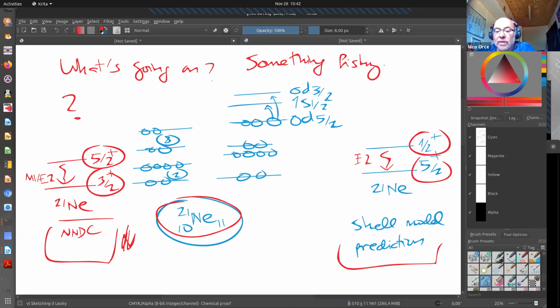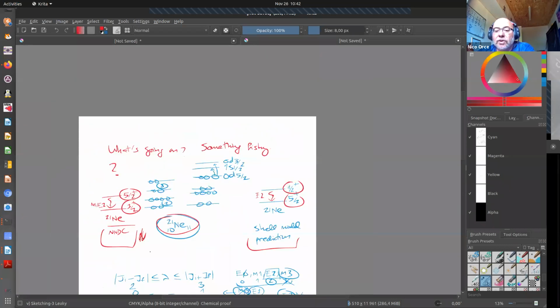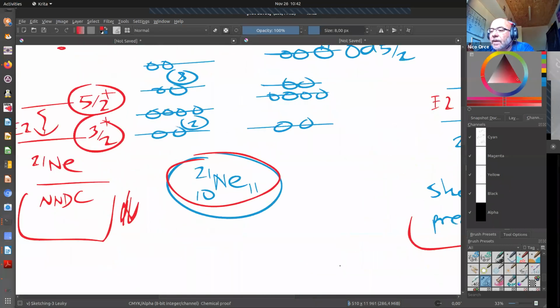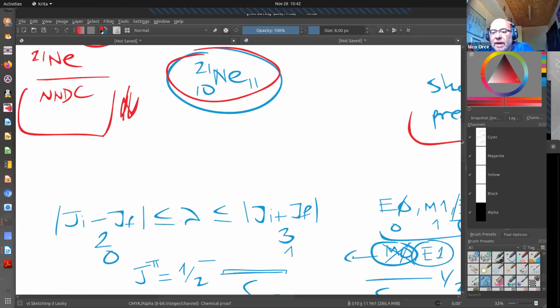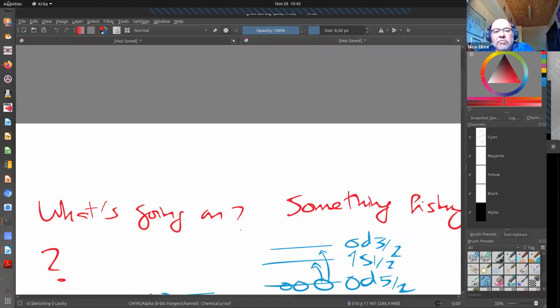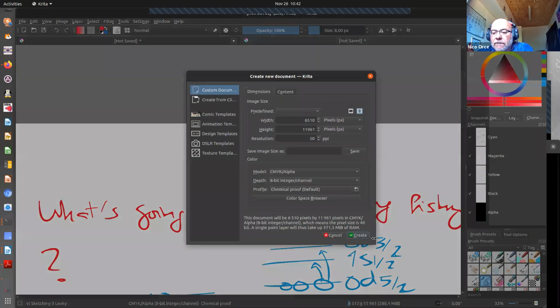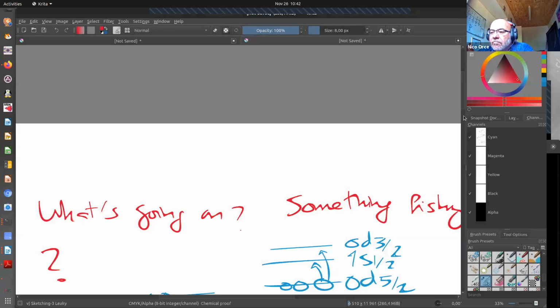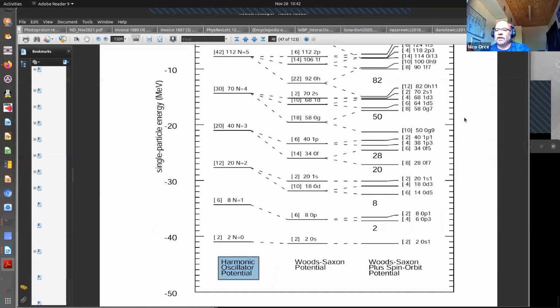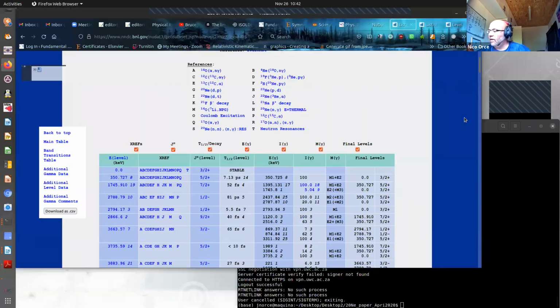And I also want you guys to pose yourselves problems. If we have any nucleus in the chart, we go back to the chart here.